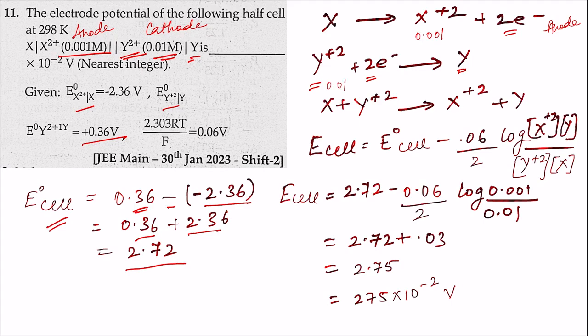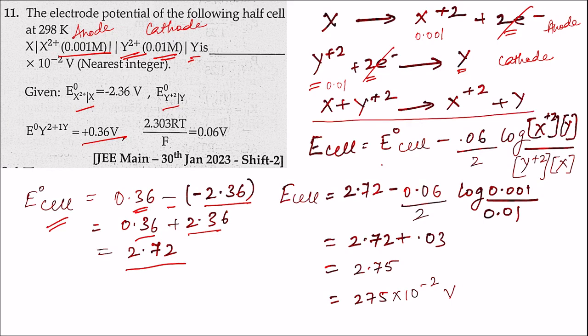Number of electrons lost is equal to number of electrons gained. Adding these two equations, this is the anode, the oxidation reaction, and at the cathode it is the reduction reaction. Electrons on both sides get cancelled and you get this redox reaction.